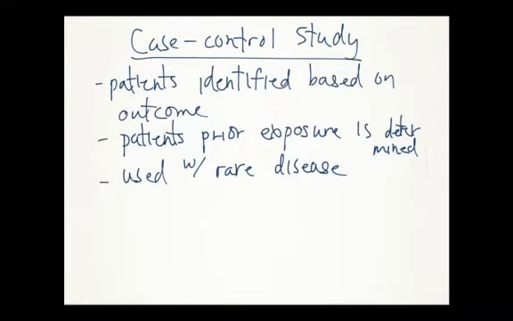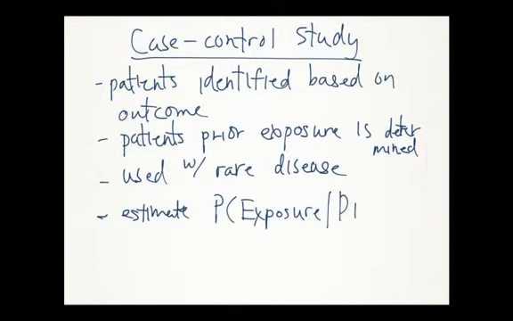Okay? And again, we would compare the proportion of patients with the prior exposure in the two groups. Okay? So what we're estimating here is the probability of exposure given disease. And again, this is another conditional probability, and you can see it's the exact opposite of what we were estimating in a cohort study. Okay?